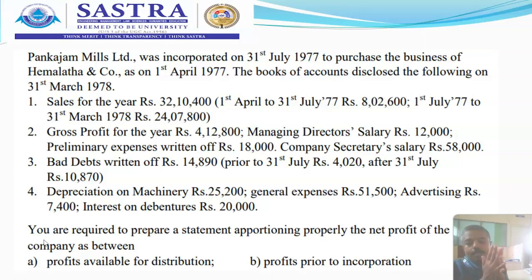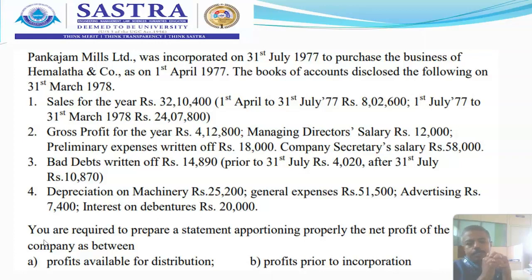But here they explicitly say from 1st April till 31st July, the sales sums to rupees 8,02,600. From 1st August till 31st March, it comes to rupees 24,07,800. Now, using this, we can calculate sales.